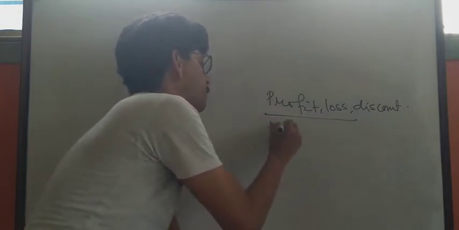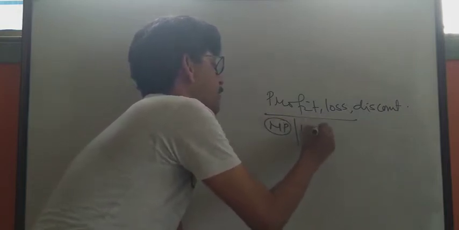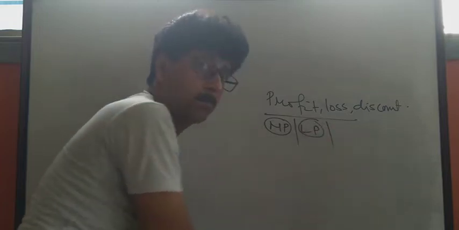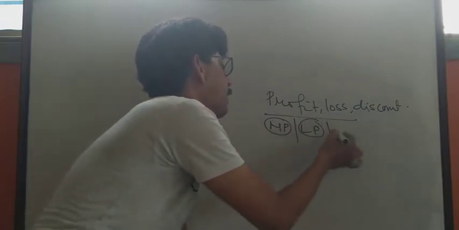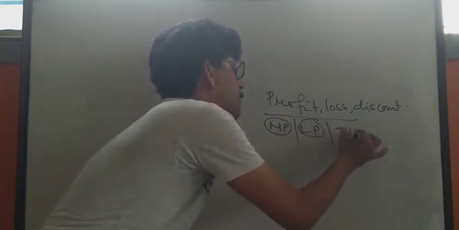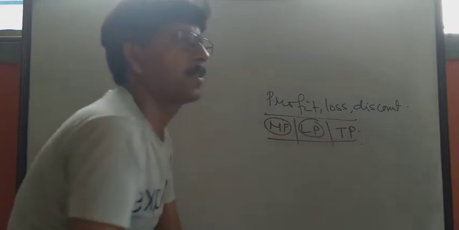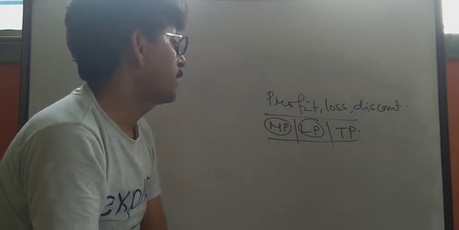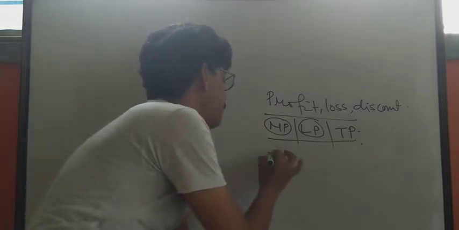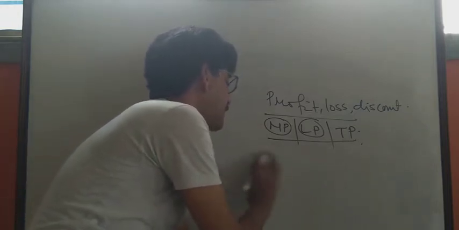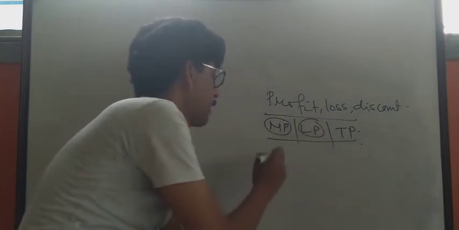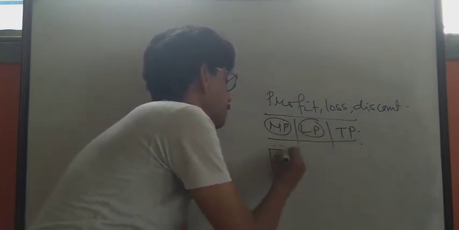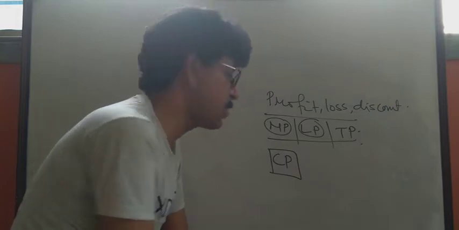Mark price or list price or tag price. If you want to calculate on this, discount will come into play. What is the chain actually of this thing? CP, there is a cost price, manufacturing cost.